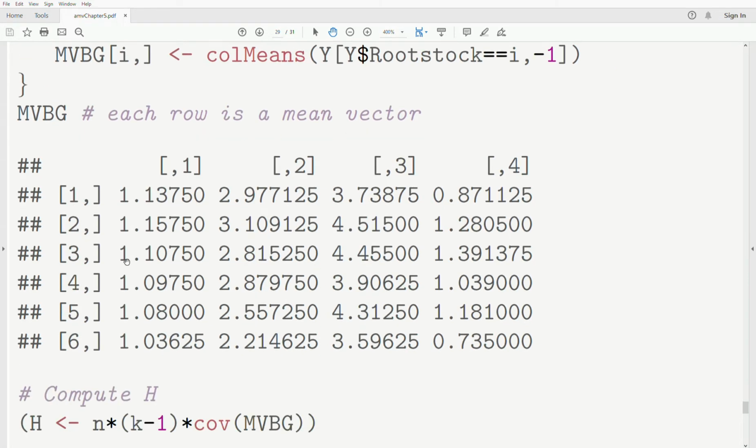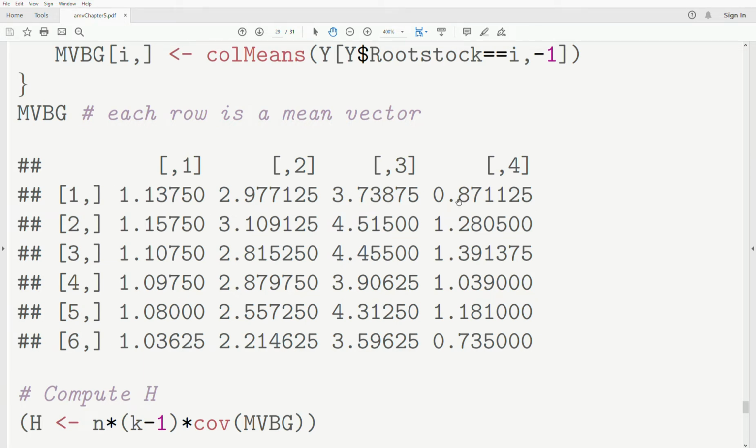Now if we print it, notice that each row is a mean vector for that sample, so for a specific rootstock. So it's 1, 2, 3, 4, 5, 6. So this is the average of 8 observations for that given rootstock.